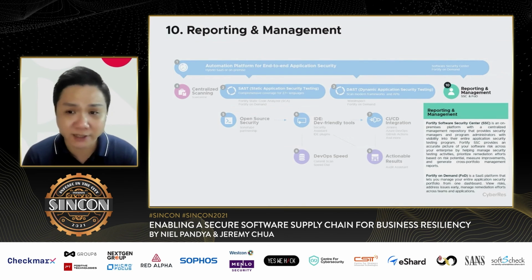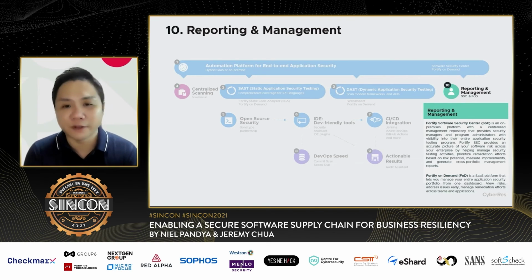So let me give you a typical example of why managing the issues is very important. For example, I have a development team, and on the very first scan, which is the baseline scan, there are a lot of cross-site scripting issues being reported. Generally, when developers get trained on secure coding, the number of issues being remediated will be reduced, and not only that, they pick up the habit of doing secure coding.